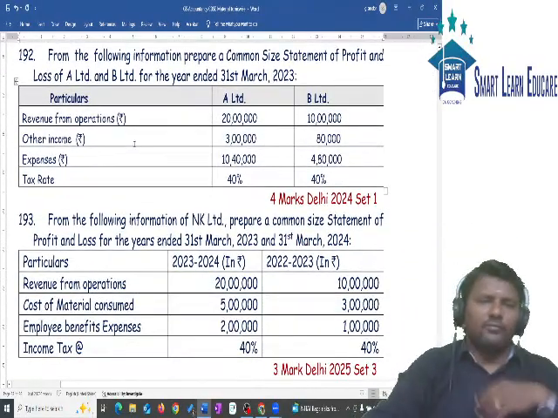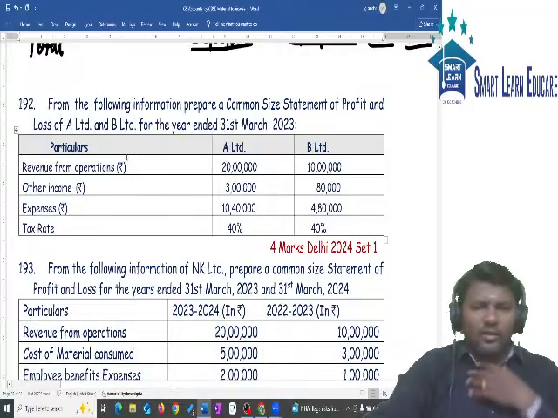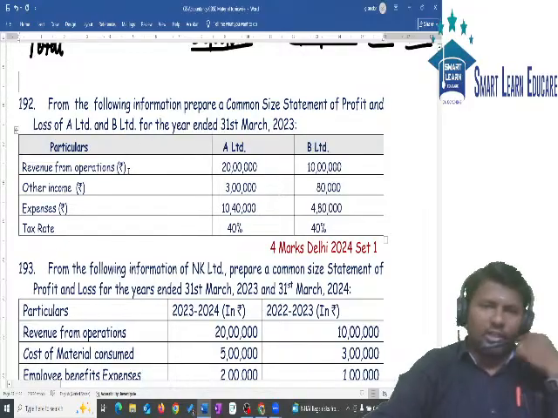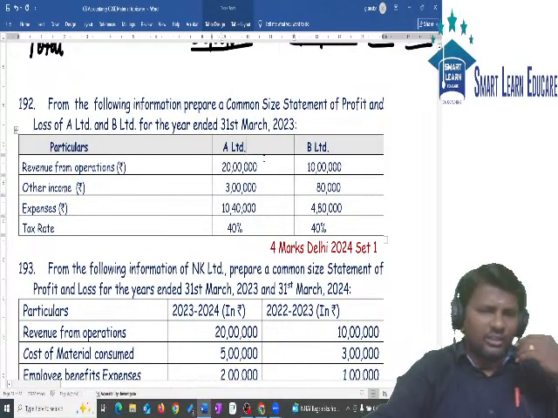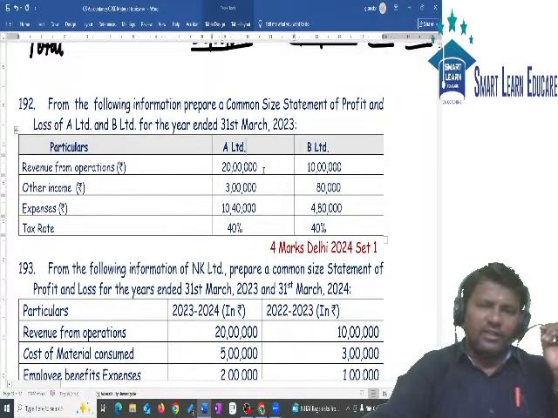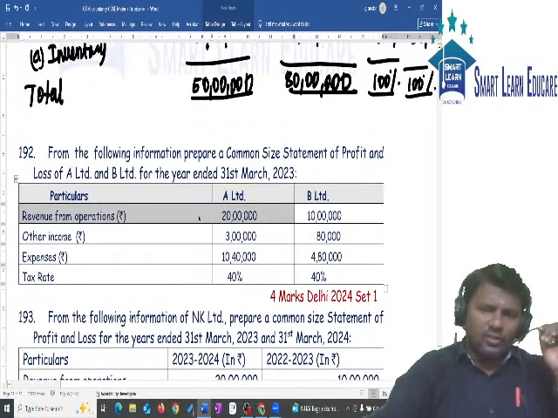From the following information, prepare common size P&L of A Limited and B Limited for the year ended 31st March 23. Same like the last question which we did. So this question you try as homework.